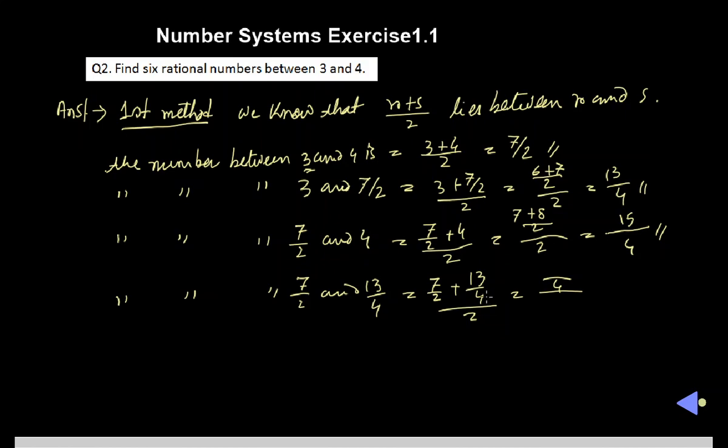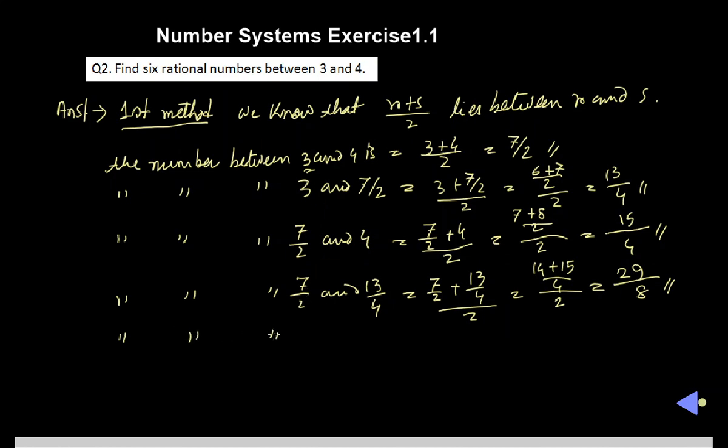Here it is 2 times 7, which is 14, plus 13. It becomes 8 in the denominator, and the upper part becomes 27. That is our fourth value. Now we have to find another two numbers.